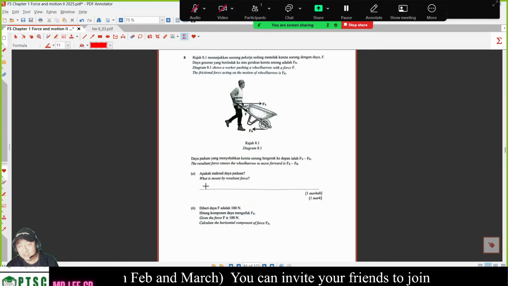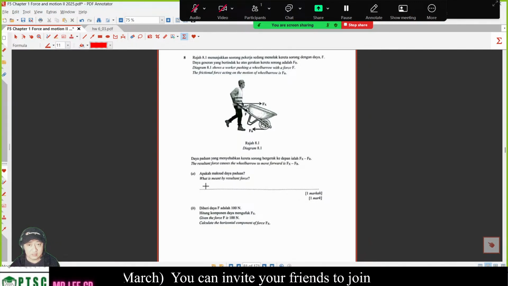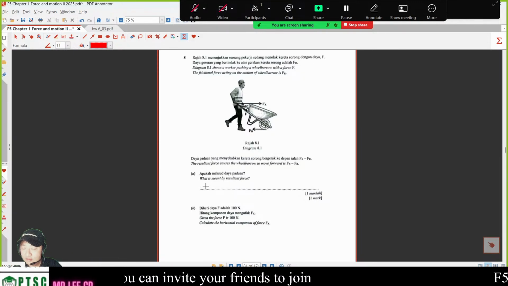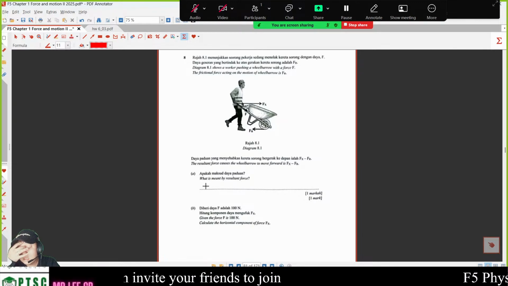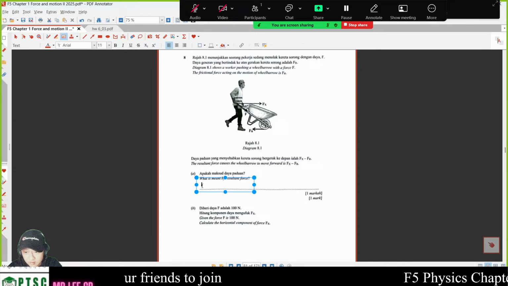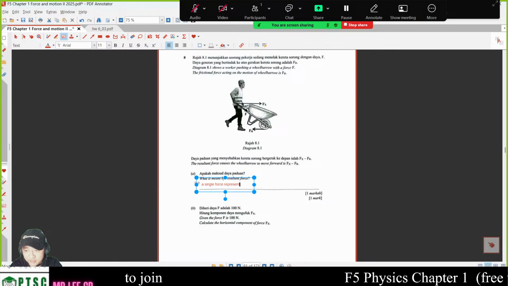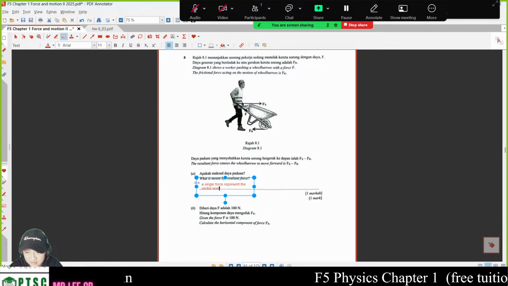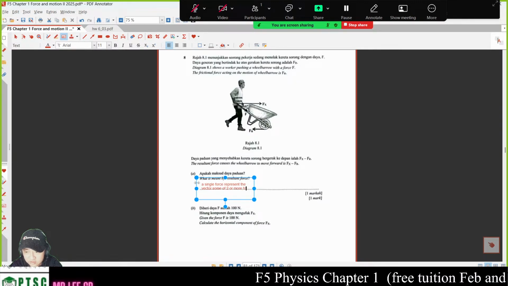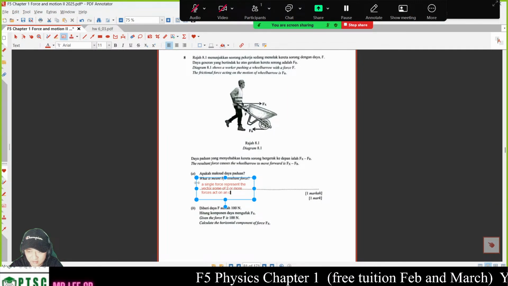Resultant force is a single force that represents the vector sum of two or more forces acting on an object.